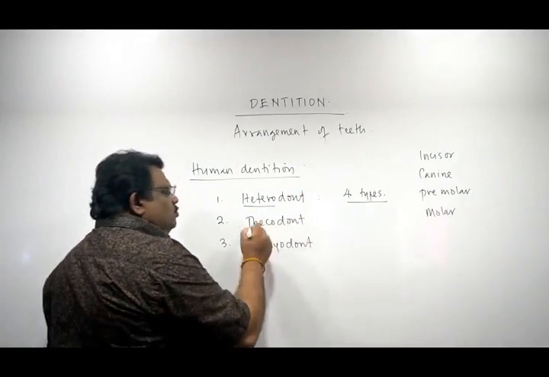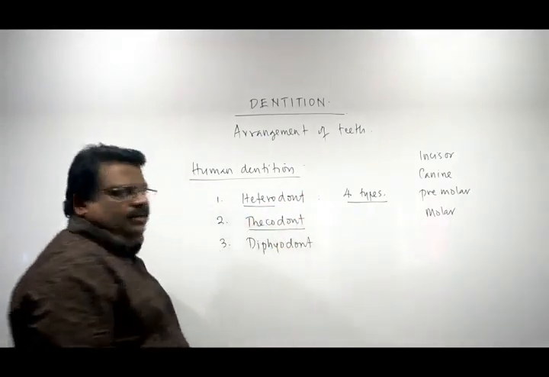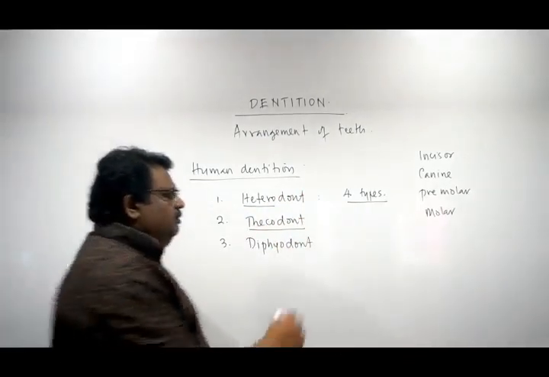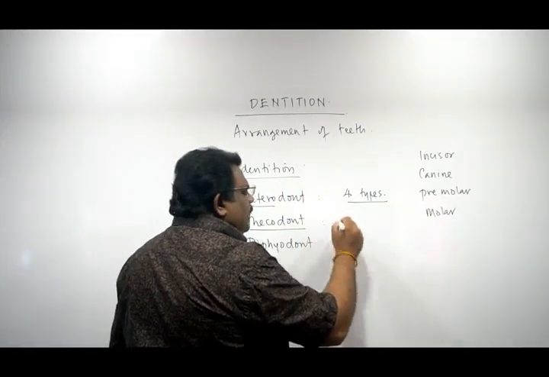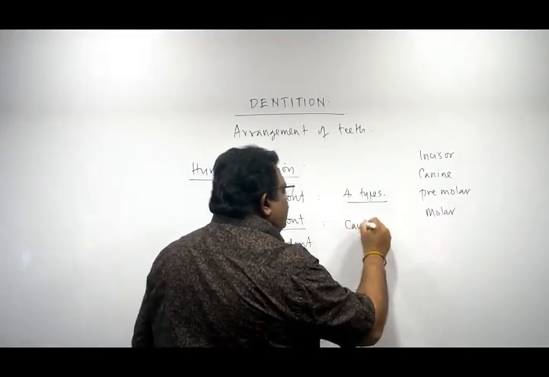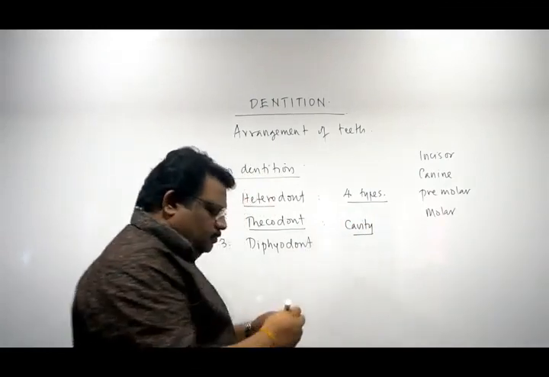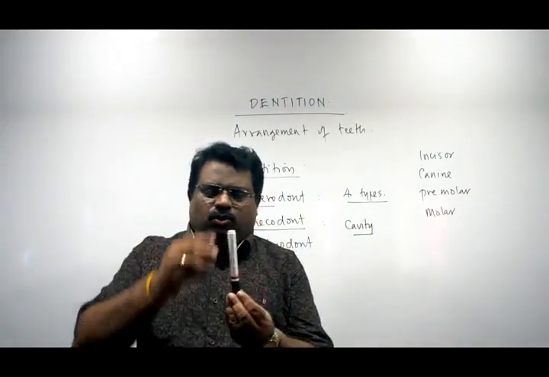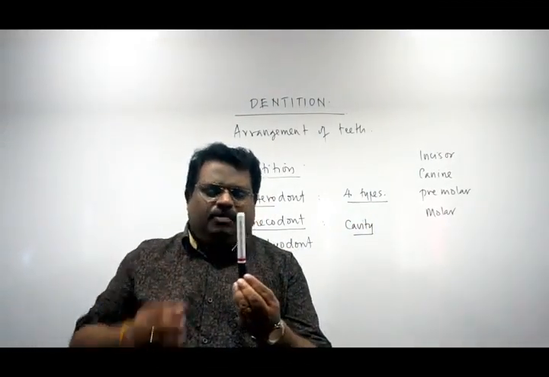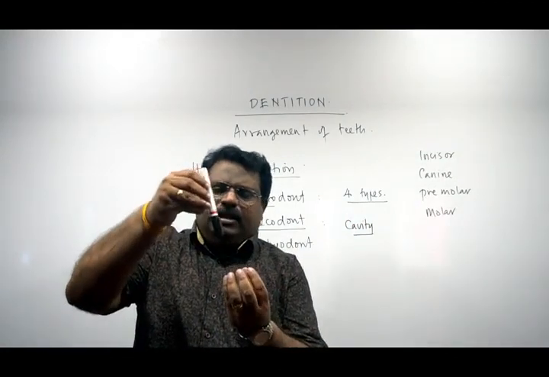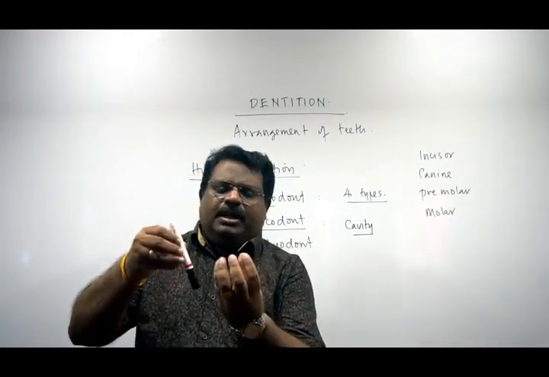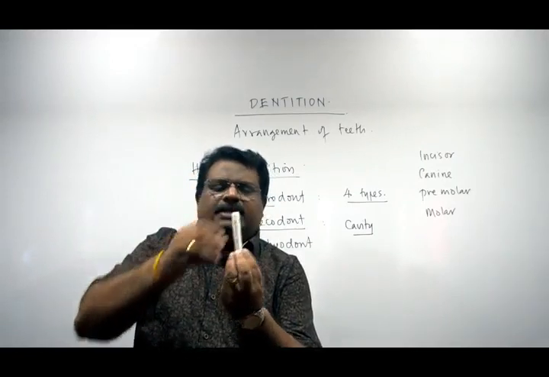Then the dentition is also called thecodont dentition. Thecodont dentition means each tooth is placed inside a cavity in the jawbone. Suppose this is a tooth, the entire part is not visible. The teeth are attached like this. There is a cavity in the jawbone and the teeth are placed inside the cavity.